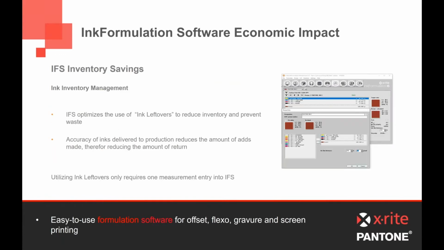Okay, so now we'll move into the inventory savings. How does IFS help you to maintain or control your inventory? It optimizes the use of ink leftovers. This will reduce the inventory of your overage inks and prevent a lot of waste.